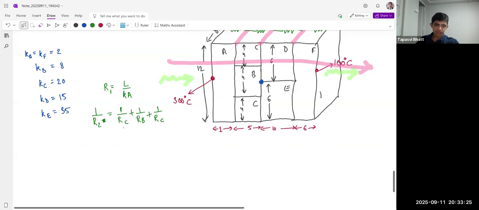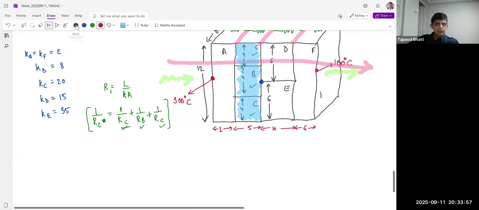This is the one in the first term. In the second term, this is the one we are talking about. In the third term, this is the one. This is how we calculate R2. R2 is the resistance of this whole part.